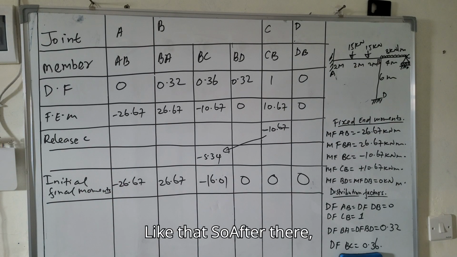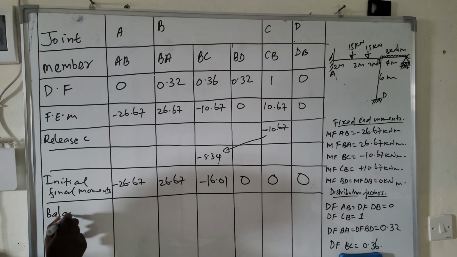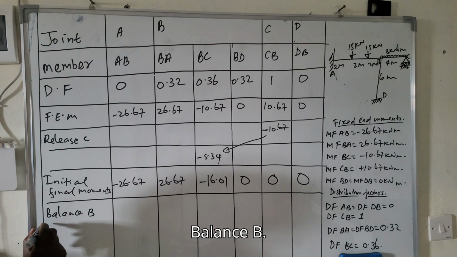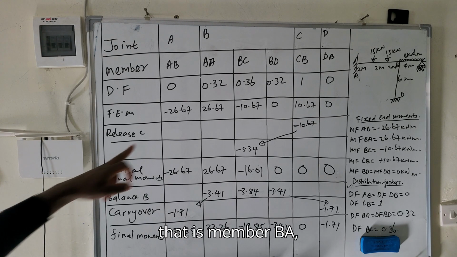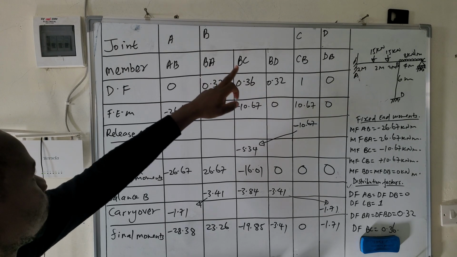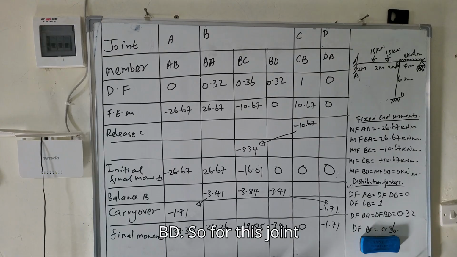Like that. So after there, now we can balance B. We'll balance joint B because joint B has more than 2 members, that is member BA, member BC, and member BD.